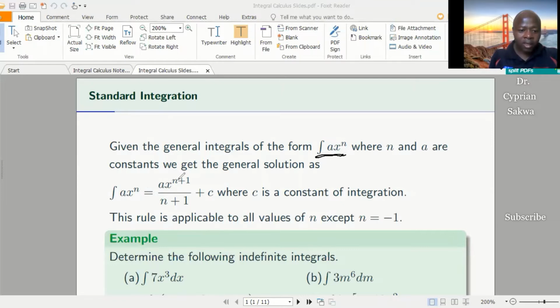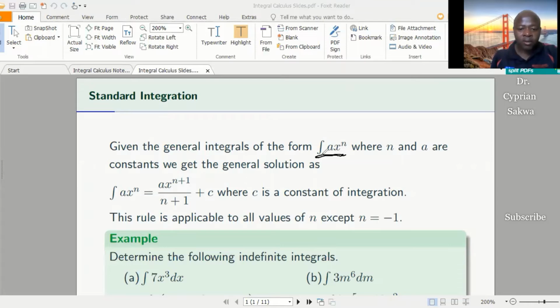We raise the power by 1, so this is x raised to n, so it will be n plus 1, then divided by the new power, then add the constant of integration, c. So that's what we just do, and we'll look at various examples before we start doing other types of integration.